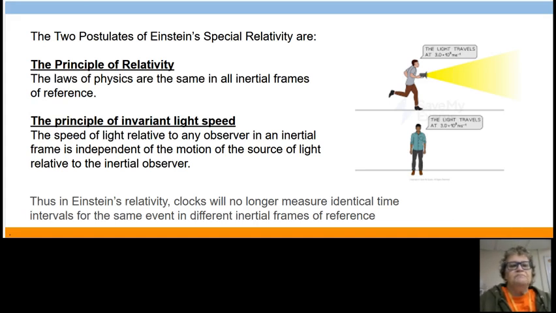Okay? So now Einstein had to look at it and say, okay, if the speed of light is the same in both frames, what does that do to time, right? So basically clocks no longer measure the identical time in the different frames.